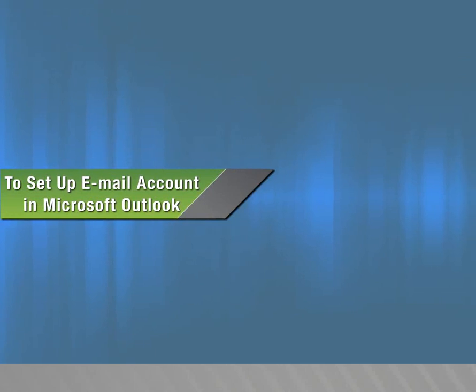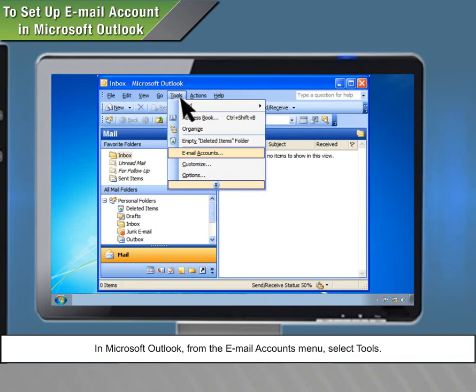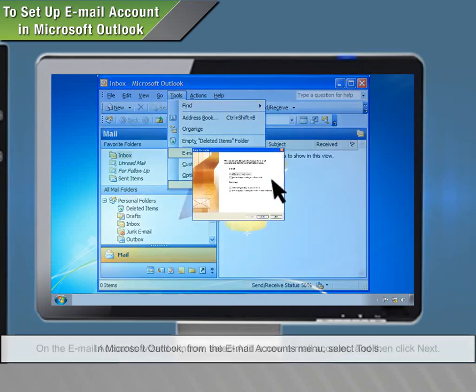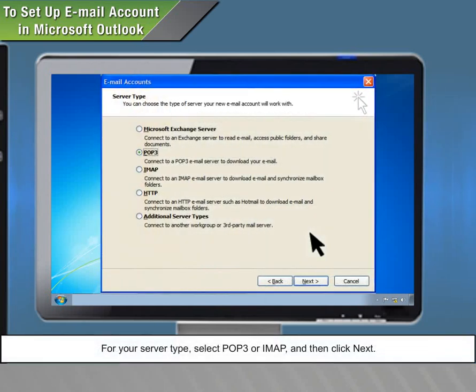To set up an email account in Microsoft Outlook, from the Tools menu, select Email Accounts. On the Email Accounts wizard window, select Add a new email account and then click Next. For your server type, select POP3 or IMAP and then click Next.